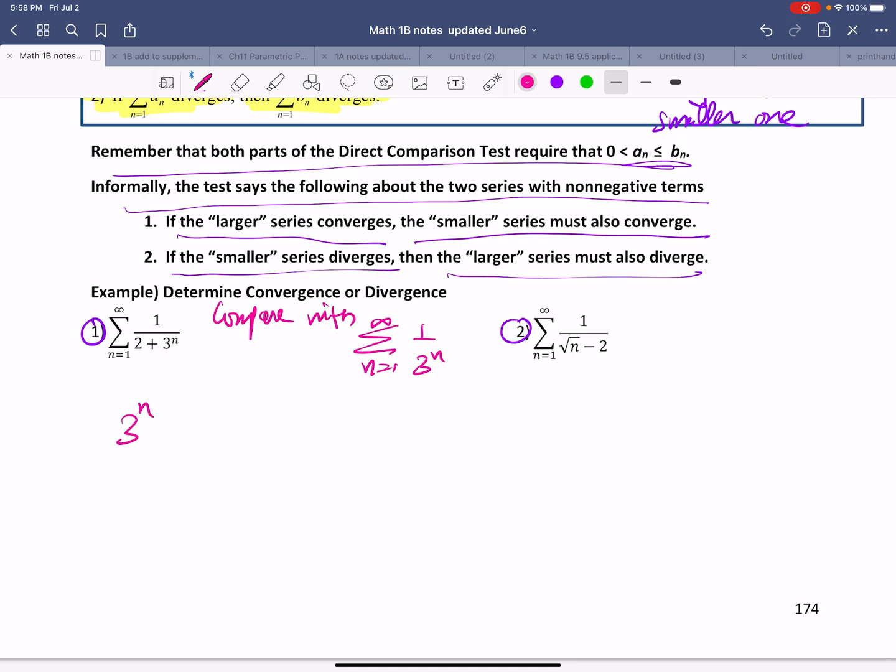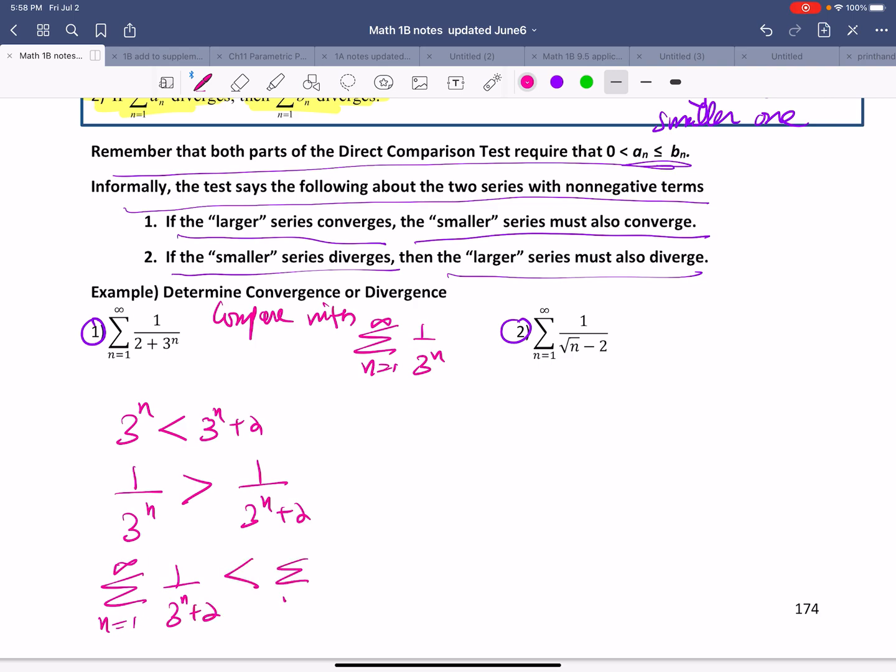I can say 3 to the power n is less than 3 to the power n plus 2. If I take the reciprocal of these, the sign will flip. So the summation of 1 over 3 to the n plus 2 is smaller than the summation from n equals 1 to infinity of 1 over 3 to the power n.